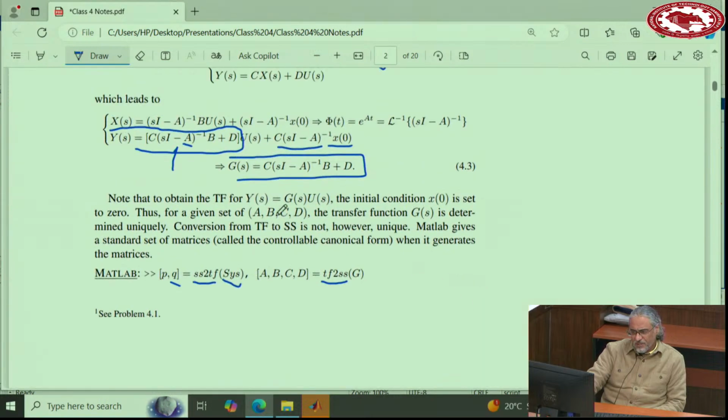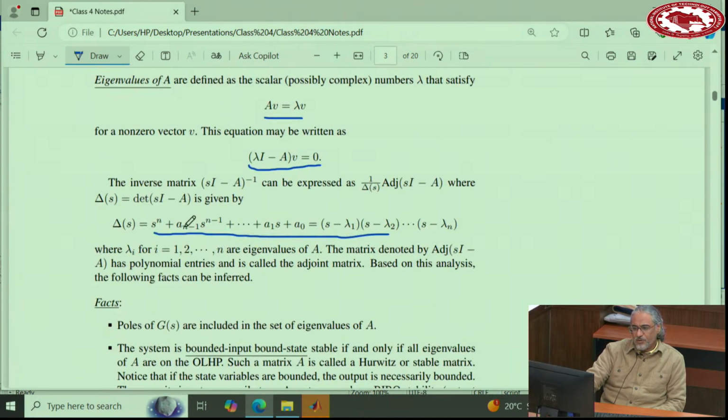Now, if you go back to the transfer function here, we have C (sI minus A) inverse times B. And you all know that when you calculate the inverse of a matrix, the determinant goes to the denominator. So the determinant of this goes to the denominator, this polynomial goes to the denominator, and the denominator of the transfer function will be this polynomial.